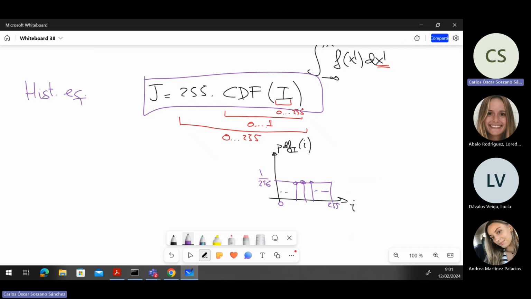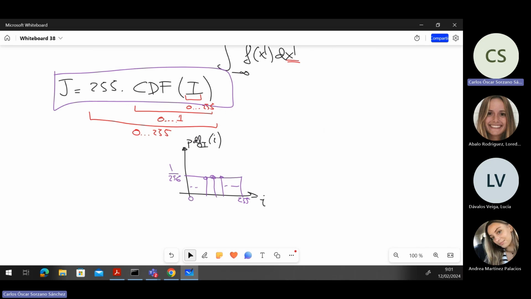Okay, so now, what is the integral of this? What is this cumulative sum? This is the CDF of I, and it is this sum.